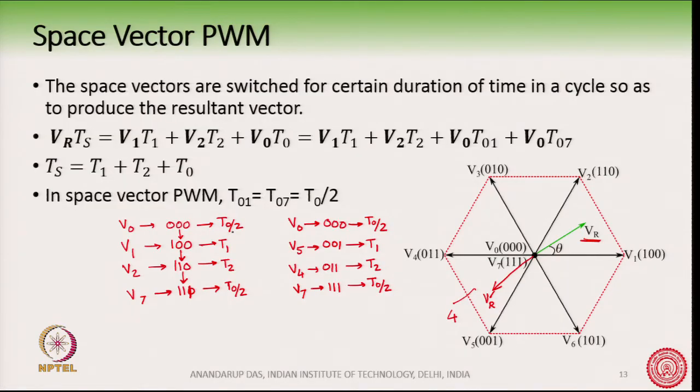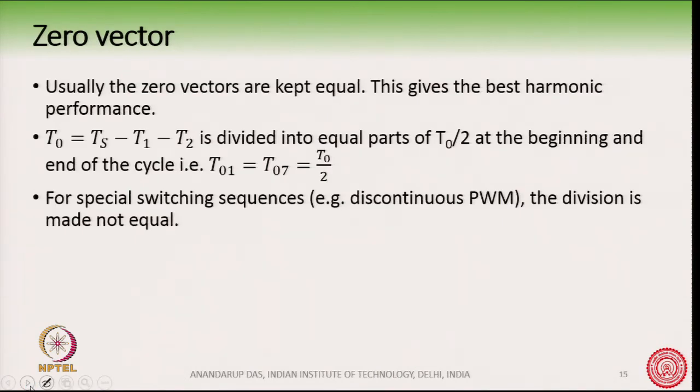Here we have seen, we have split V0 and V7 into T0 by 2 and T0 by 2 in this switching. But for some special switching sequences, for example, if you have discontinuous PWM, this division is not made equal.